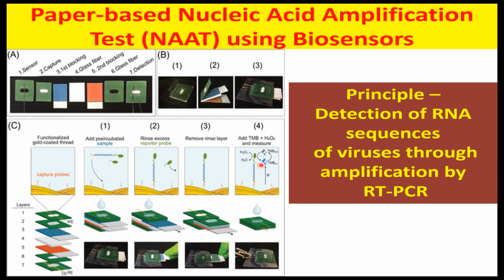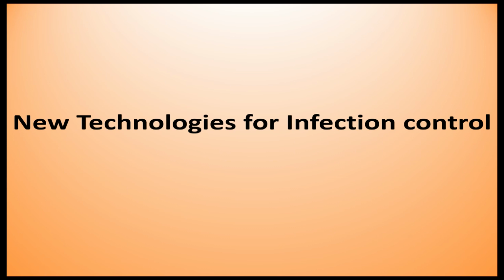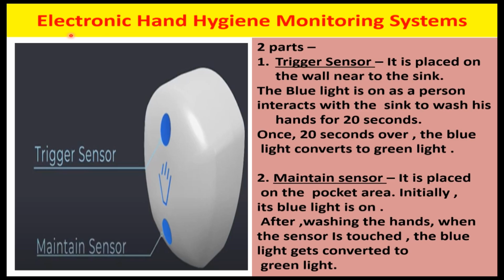Now coming on to new technologies for infection control. Here we use electronic hand hygiene monitoring systems. It has two parts, a trigger sensor and a maintain sensor. The trigger sensor is fitted onto the sink where a person may wash his hands for 20 seconds, and then it turns green.